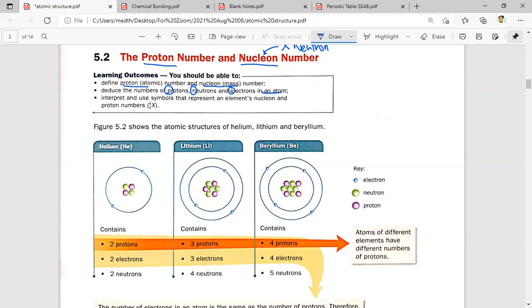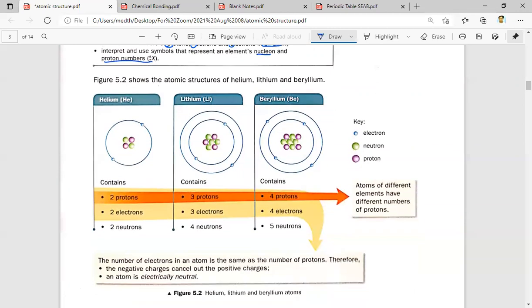And lastly, we're going to learn how to interpret and use symbols to represent an element's nucleon and proton number. For those of you who feel that I'm going a little bit fast, it's really because this is revision for your Sec 1 stuff. It's a bit of a recap. I need all these little details in this chapter so that we're able to go more in depth in the next part, which is chemical bonding.